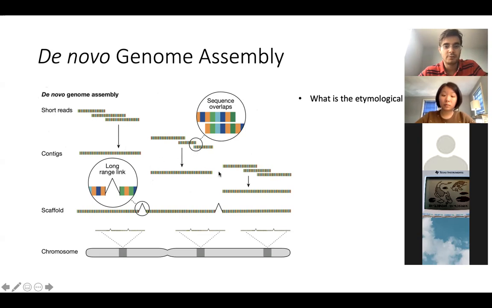So we are going to look at the parts of the sequence that overlap, and we're going to build these contigs. So here we have 3 sequences that are overlapping, and we generate a contig, which means a bigger sequence that is a continuous sequence of the previous overlapping sequences.